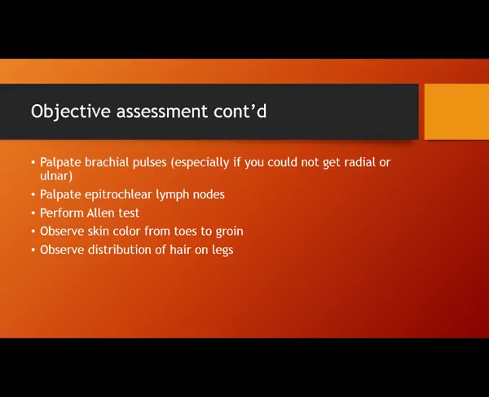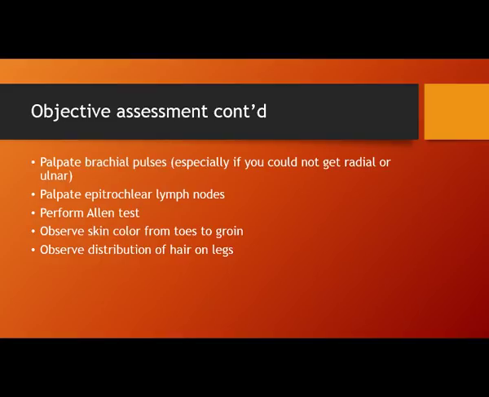But if you're testing the ulnar, then you would release the ulnar one. Usually why we're doing this is we're testing to see if the ulnar circulation is adequate, because we want to do a radial stick. So usually you would release the ulnar and see if the hand pinks up that way.